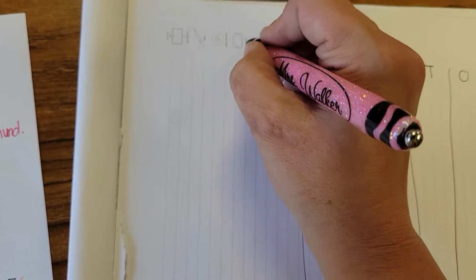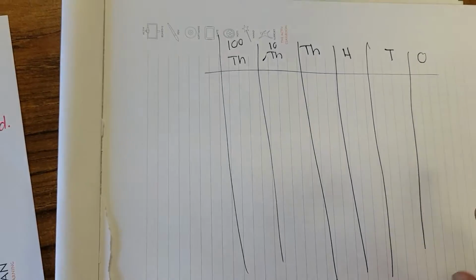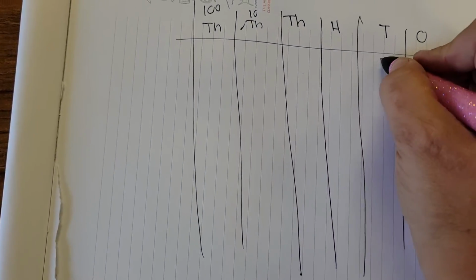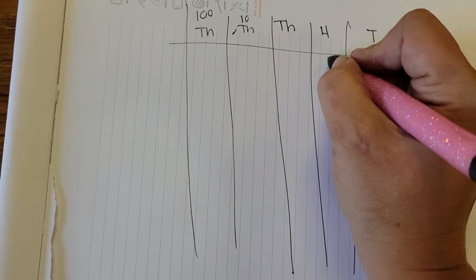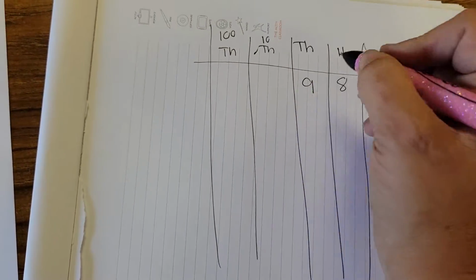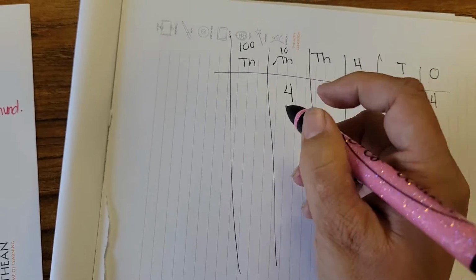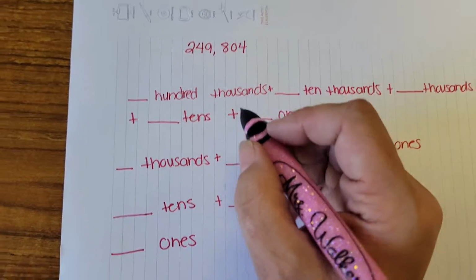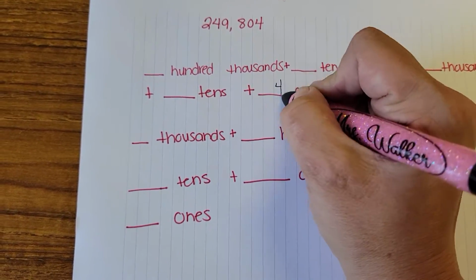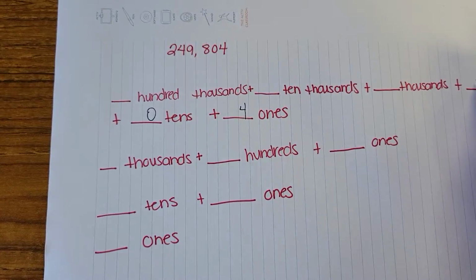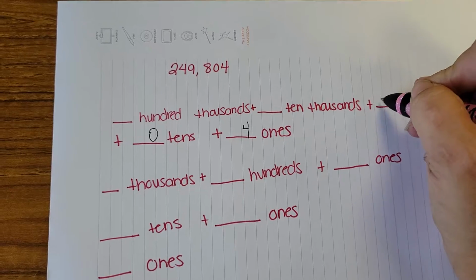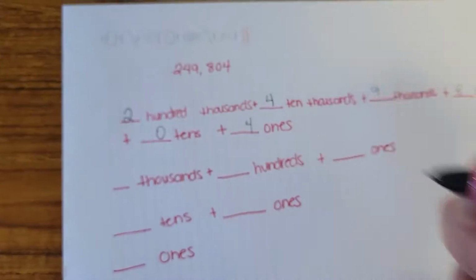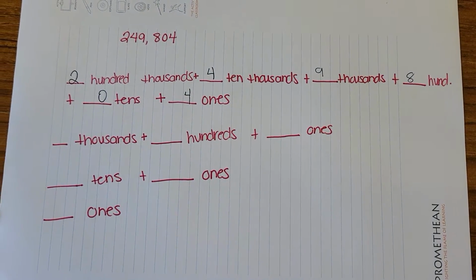We start on the right with our ones place, and in this number there are 4 ones, 0 tens, 8 hundreds, 9 thousands, 4 10,000s, and 2 100,000s. That's pretty straightforward.